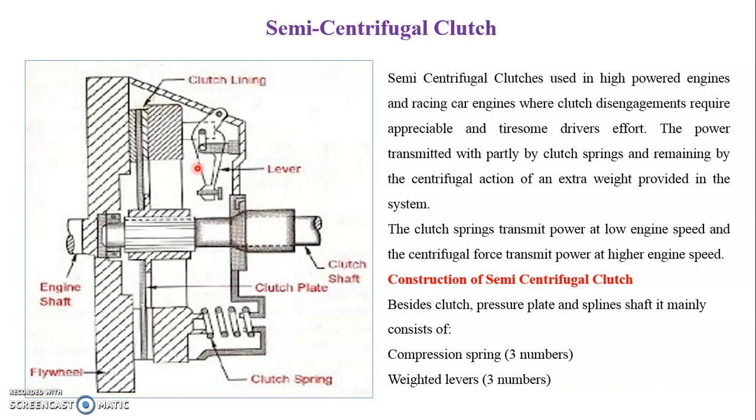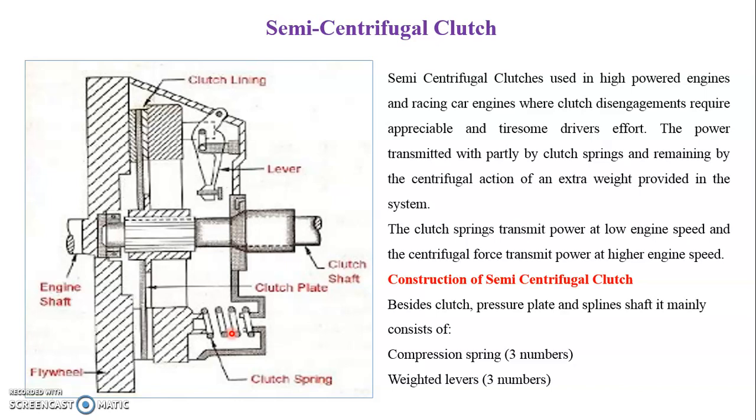At low engine speed there is less pressure on the pressure plate, so there may be chances of the clutch plate slipping from the flywheel. To avoid this, the clutch spring prevents the slipping at low engine speed.